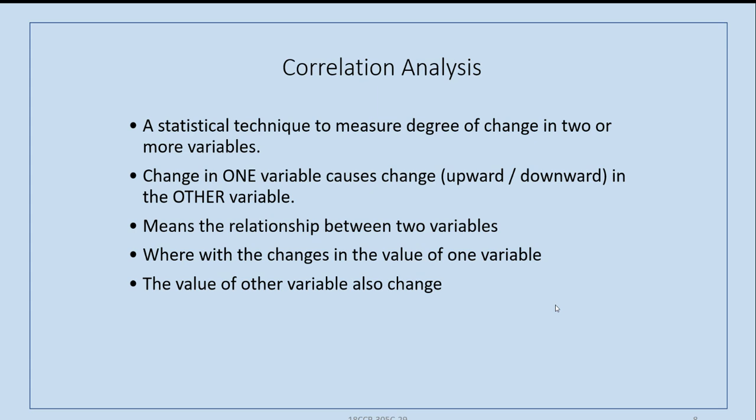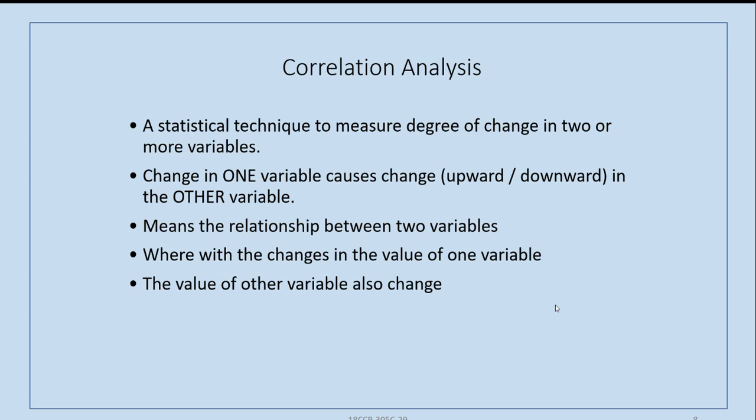That means it is a technique. We have seen so many techniques. This is one of the techniques to measure degree of change in two or more variables. We will take two or more variables, three variables, four variables, five variables, and so on.